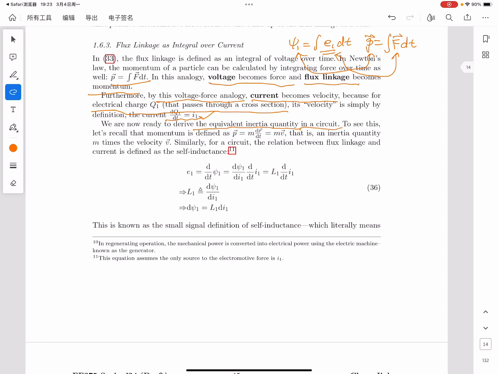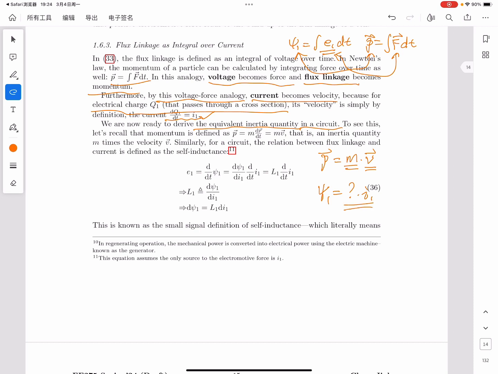So to see that, we need to derive something similar to this: we have an inertia term times our velocity. So for our circuit, we need to have flux linkage, analogous to momentum, equal to some unknown inertia term times current.